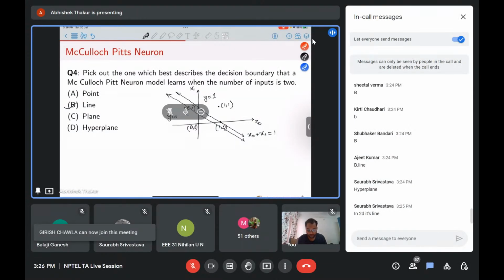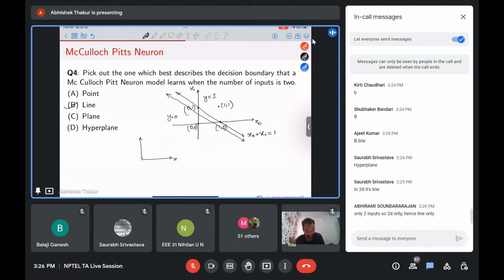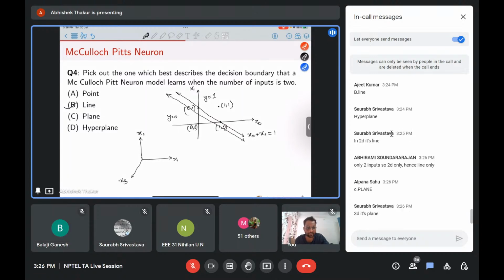Okay, now in the same question, let's suppose three inputs are there: x1, x2 and x3. So what will be the decision boundary? Line, plane? Yeah, correct. It's a plane.